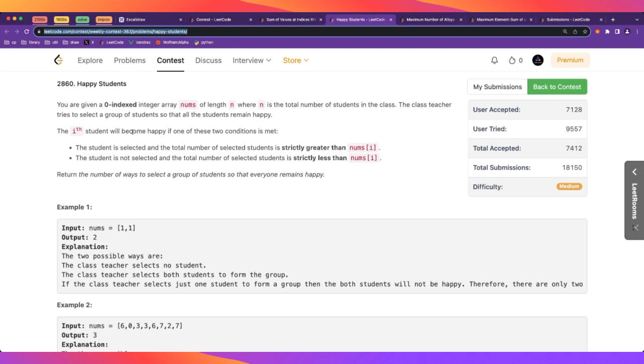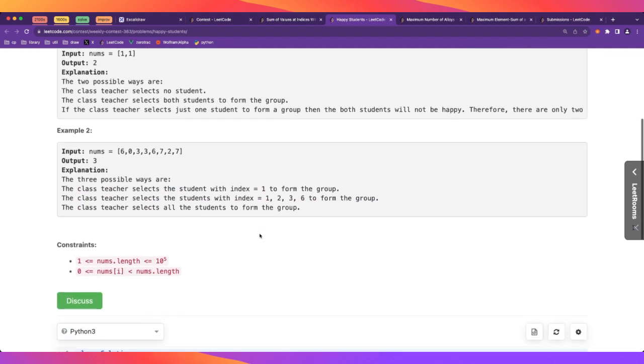So the ith student will become happy if one of these 2 conditions is met. The student is selected and the total number of selected students is strictly greater than nums of i. The student is not selected and the total number of selected students is strictly less than nums of i.